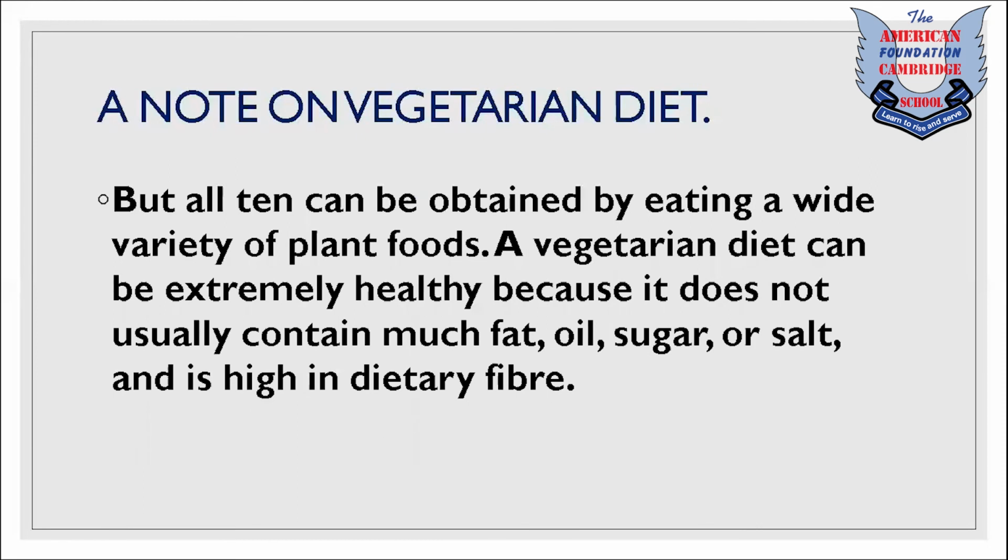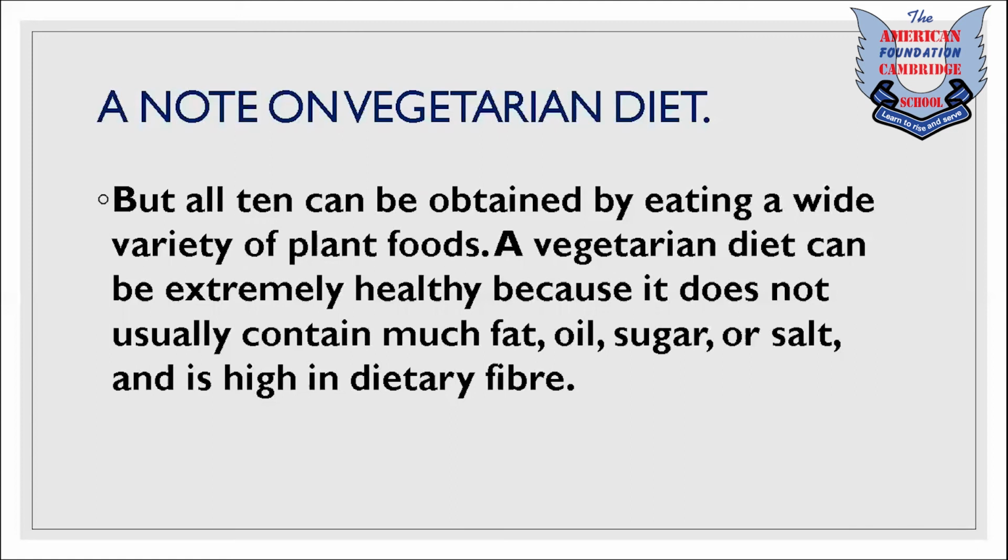All 10 can be obtained by eating a wide variety of plant foods, as I have told you earlier. A vegetarian diet can be extremely healthy because it does not usually contain much fat, oil, sugar, or salt, and is high in dietary fiber. You know the importance of dietary fiber, right? We have discussed in earlier classes that dietary fibers are helpful in maintaining proper bowel metabolism. It boosts your intestine metabolism.